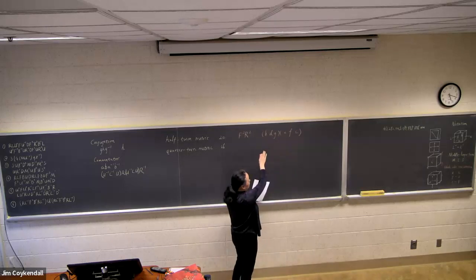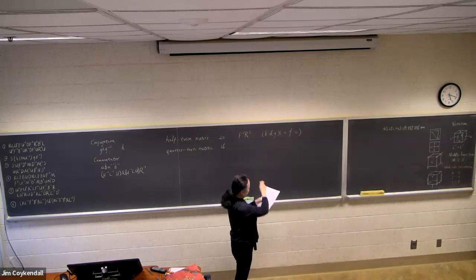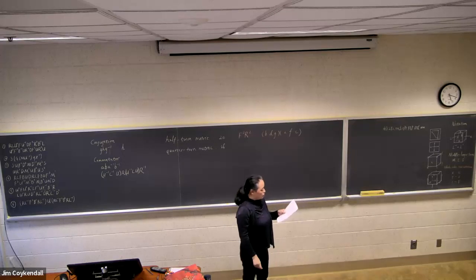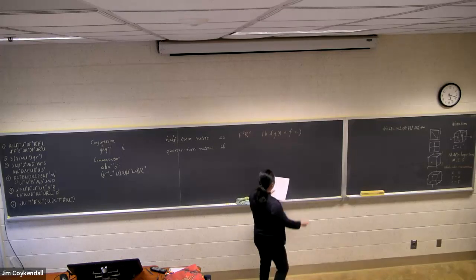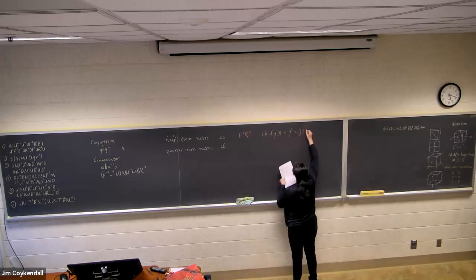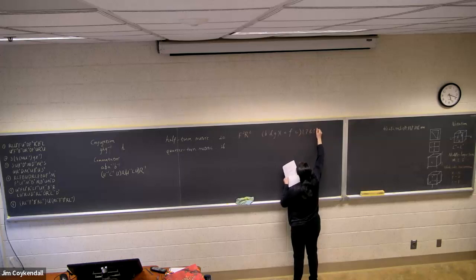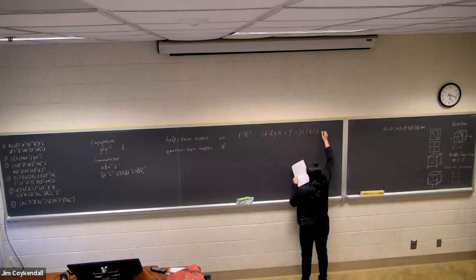BDG means B goes to D, D goes to G, G goes back to B. And then in terms of edges, it has a 3 cycle and 2 transpositions.